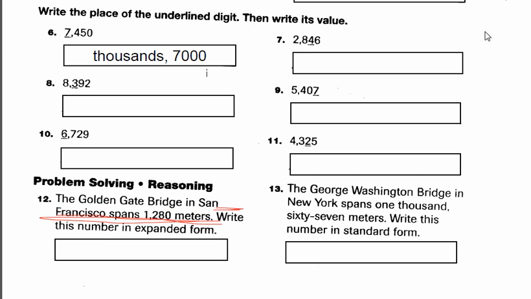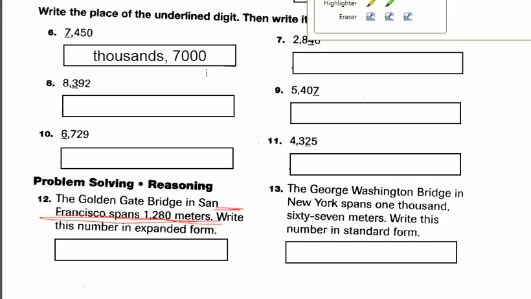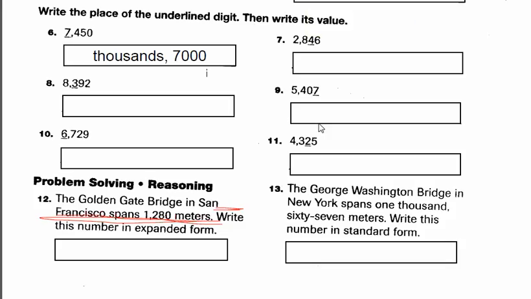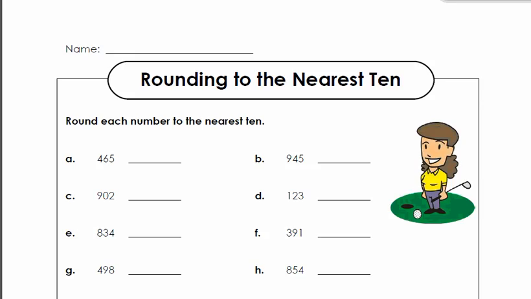Then 13 says, write the number in standard form. This is in standard form, and they give you the numbers already. Look, 1,067. And here's 1,280. So for 12, you write it in expanded form, and for 13, you write it in its standard form.